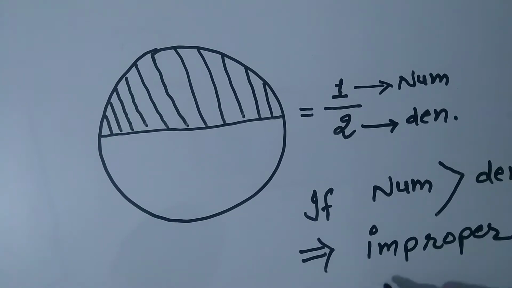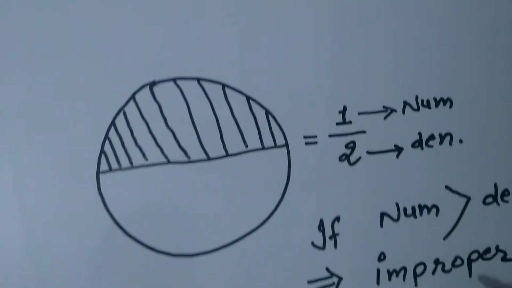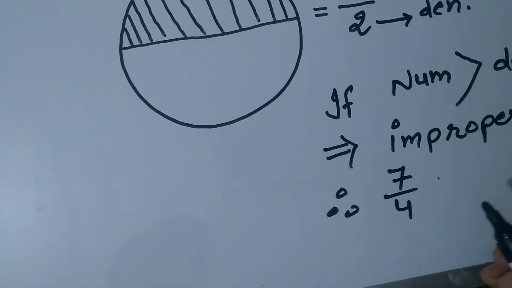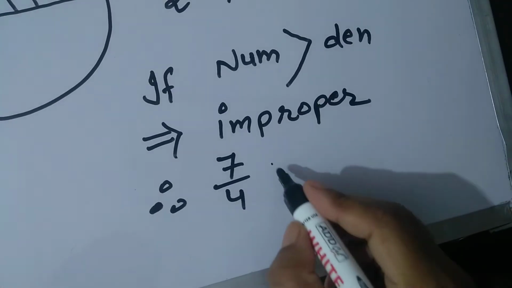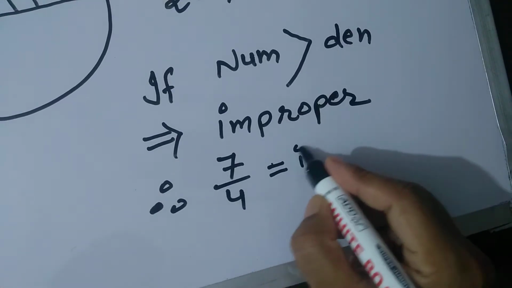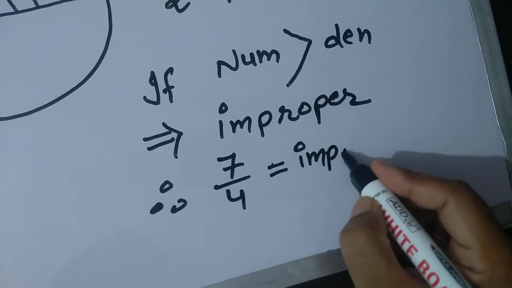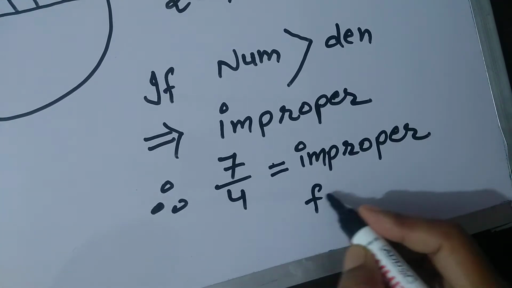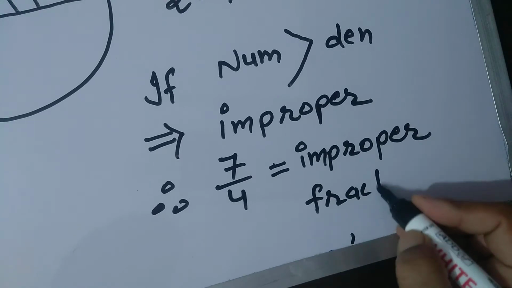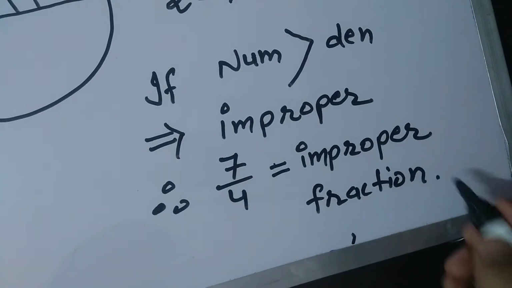So 7 by 4 is an improper fraction. Is this clear to everyone?